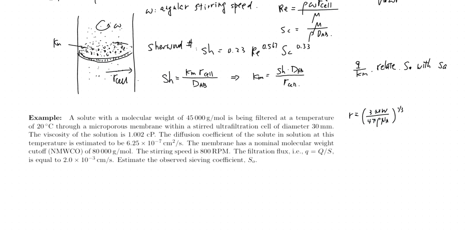Here rho we are going to use just the density of water. 1 gram per centimeter cube is the same as 1,000 kilograms per meter cube. And this Na is Avogadro's constant.